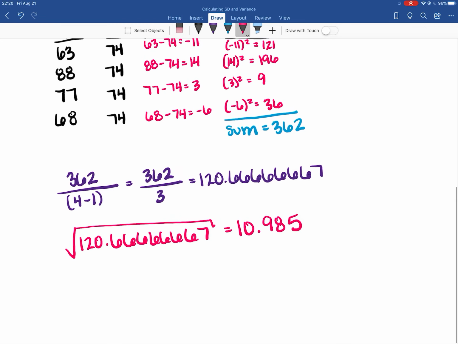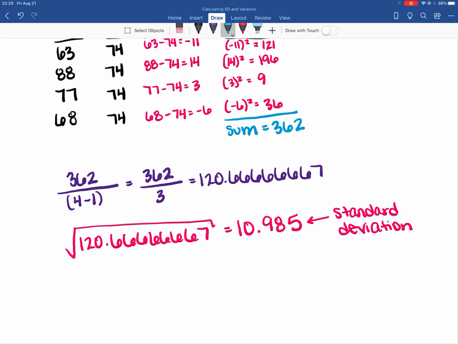So this is the standard deviation. This is telling us how spread out our data is. There's another video that talks more about that interpretation. This one is more just on the calculation of the standard deviation.